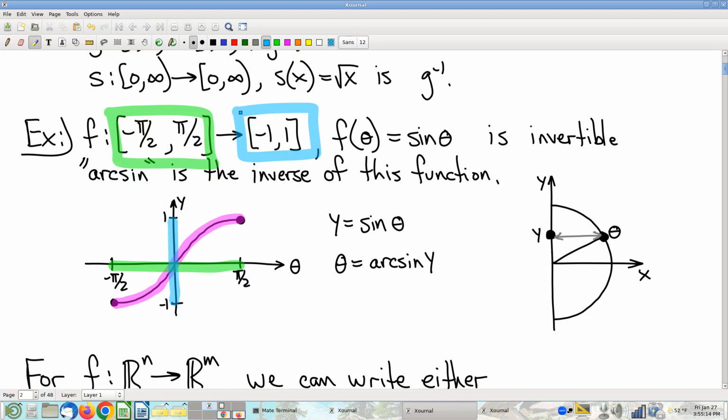Right? Yes? So, if you pick larger angles, it would not have been invertible. Correct. Because there's multiple... That's exactly right.